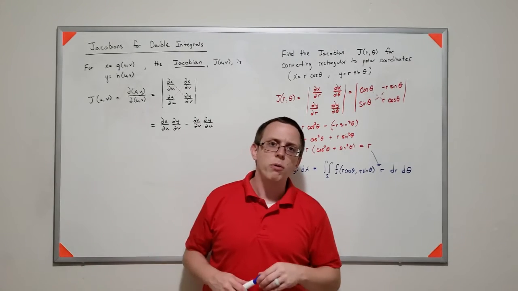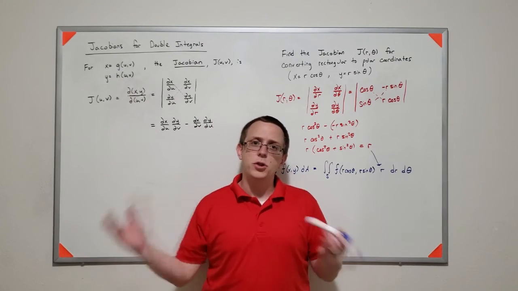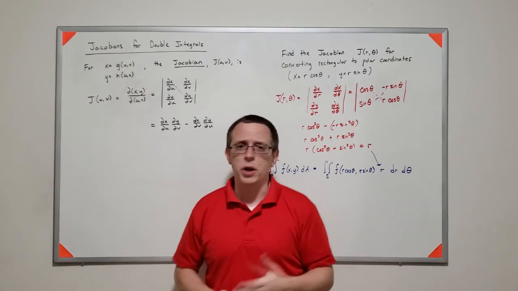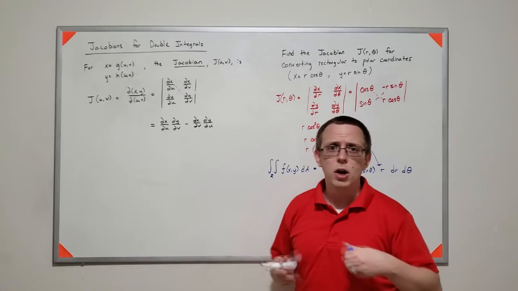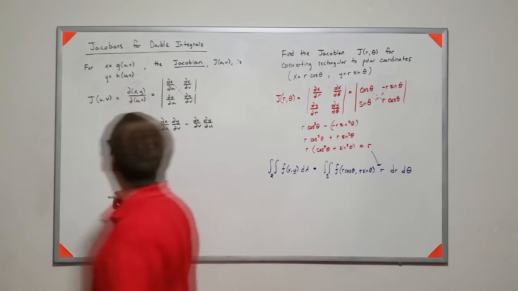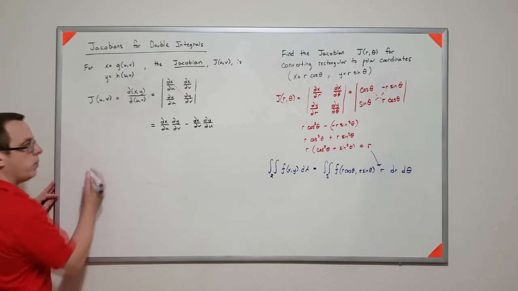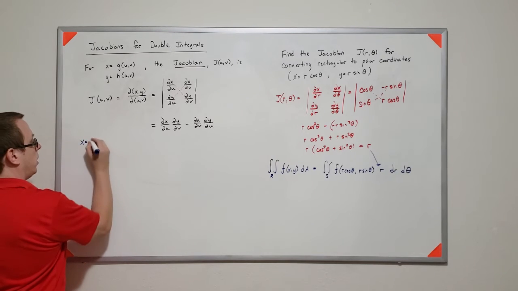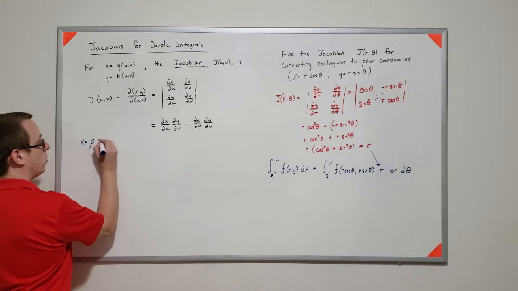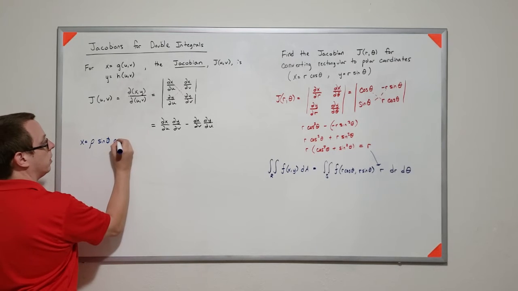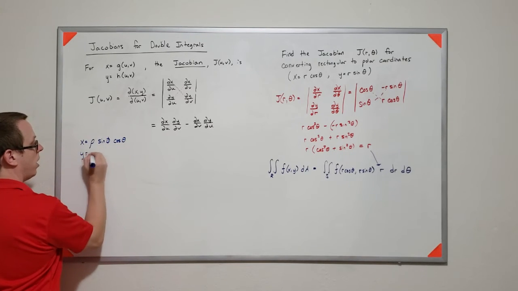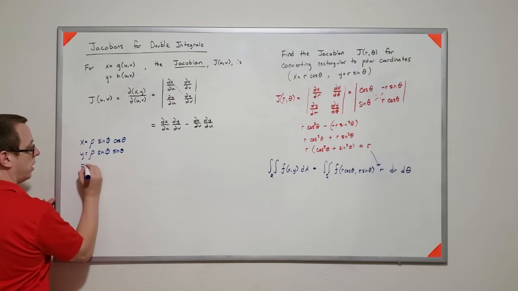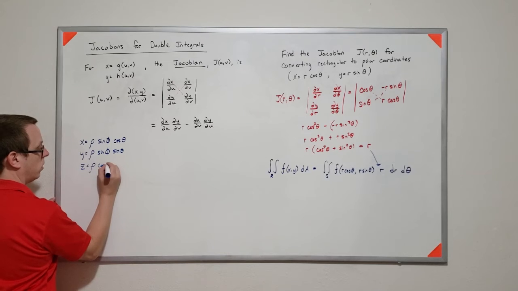And this is really powerful because not only can we do this in 2 variables, we can actually do this in 3 variables. So if we wanted to do this for a triple integral, which really isn't what we're going to be talking about here, but let's say we wanted to do spherical coordinates. We said x is rho sine phi cosine theta, y is rho sine phi sine theta, and z is rho cosine phi.